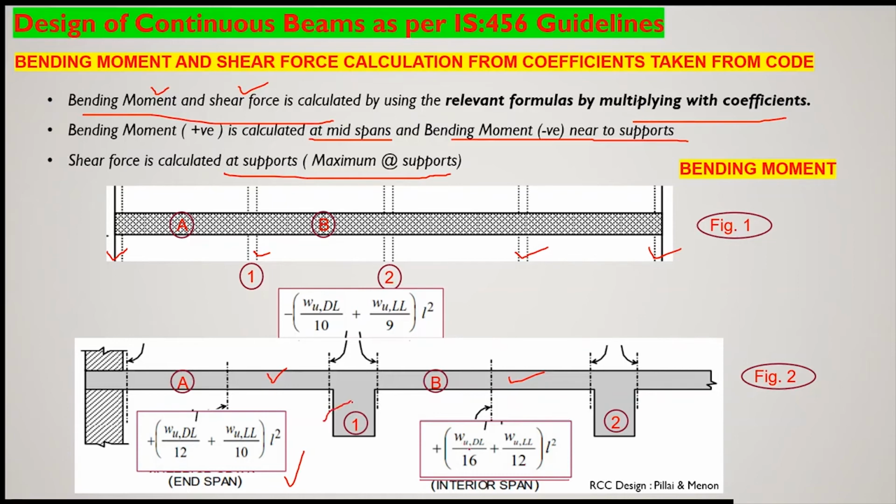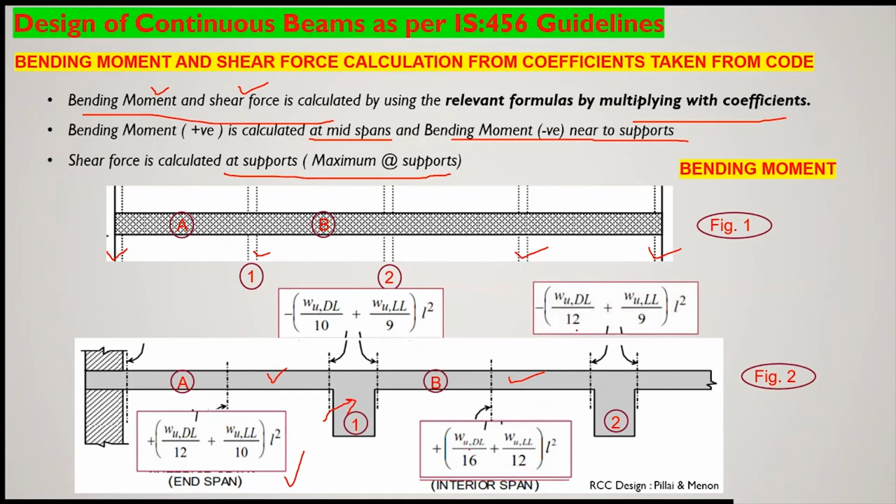So you will get the negative bending moment at the support given by this formula: for dead load the coefficient is 1 by 10, for live load the coefficient is 1 by 9. You can go through table number 12 to understand it effectively.